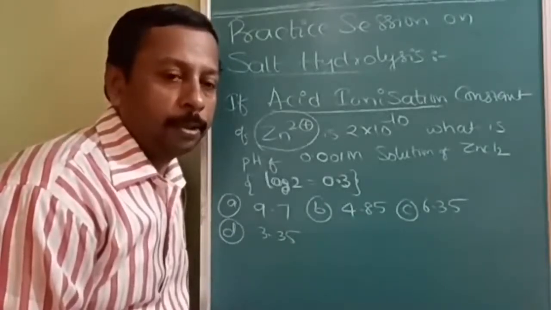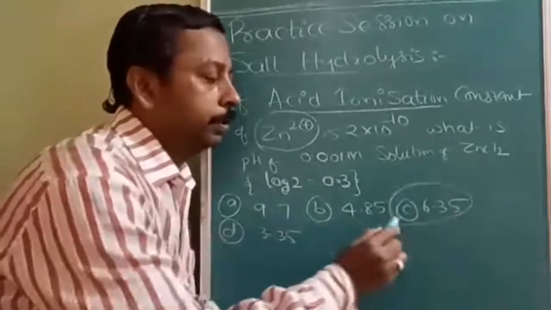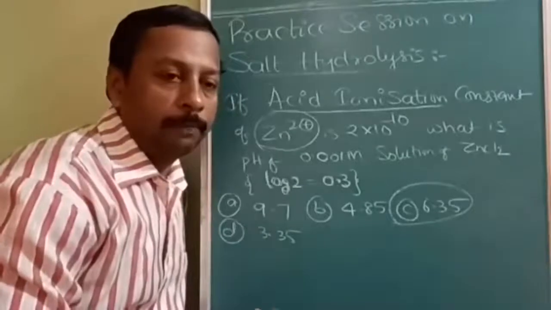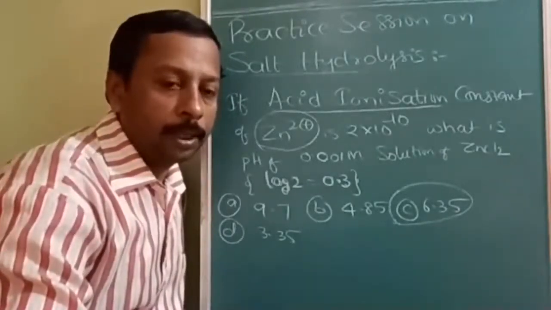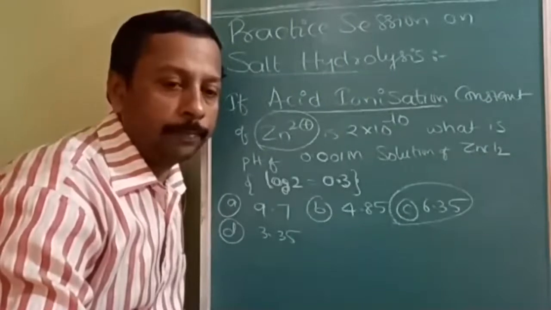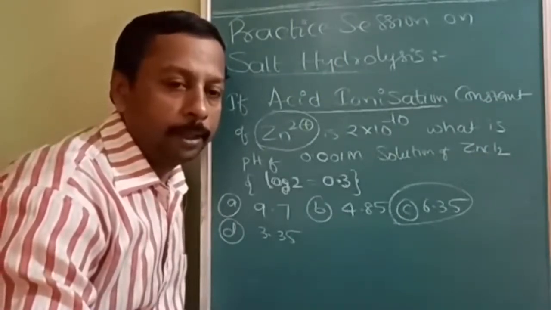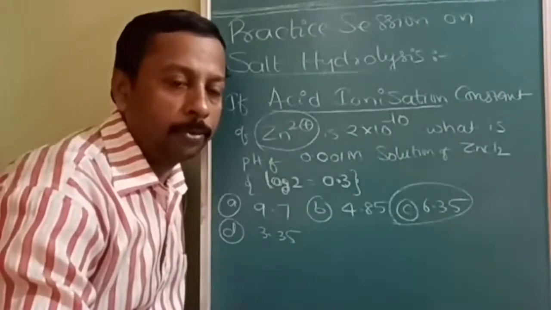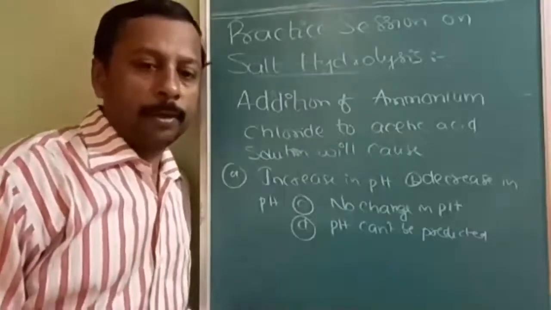If you substitute and simplify properly, you will get option C. Just now, this type of question was done, but the values are changed. Okay. So the answer to this question is C, 6.35. Formula and everything you have, only thing is where to substitute, what to substitute, I have told you.